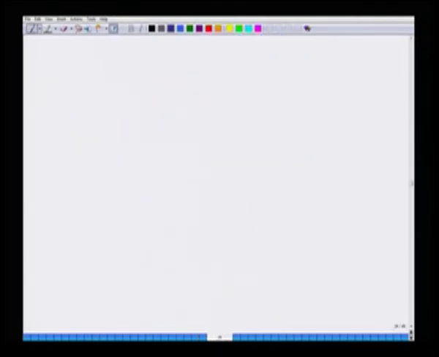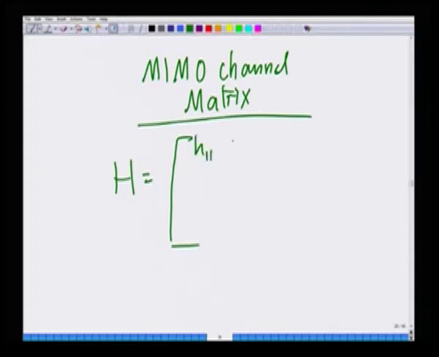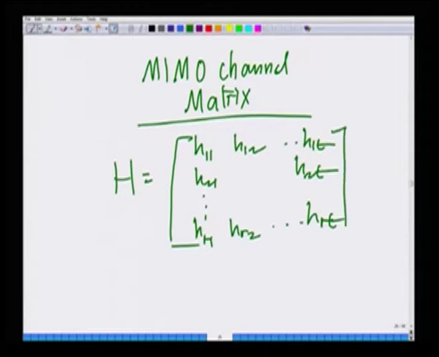And the MIMO channel matrix, as we already said, is nothing but H equals H11, H12, up to H1T, H21, H2T, HR1, HR2, so on up to HRT. This is the R cross T dimensional MIMO channel matrix.